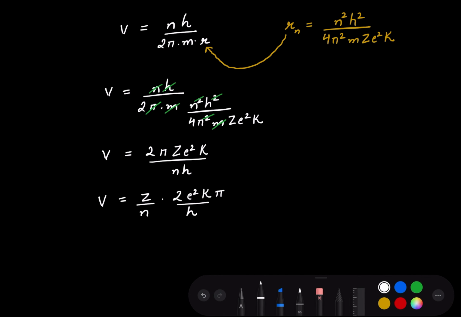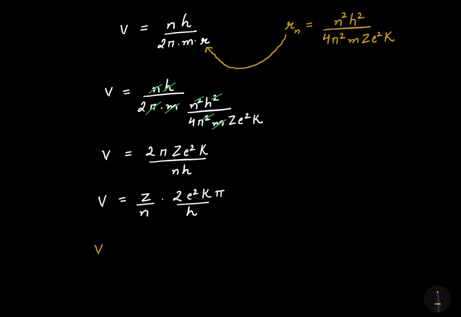So it signifies that velocity is directly proportional to z and inversely proportional to n. That means the more the z, the more the protons, so the more will be the attractive force between nucleus and electron, due to which the electron will have higher velocity in its orbit. On the other hand, what's n? N is the orbit number. The lesser the orbit number, the closer the electron is to the nucleus. Hence, again, there are strong attractive forces between the nucleus and the electron, so the electron will again have higher velocity.